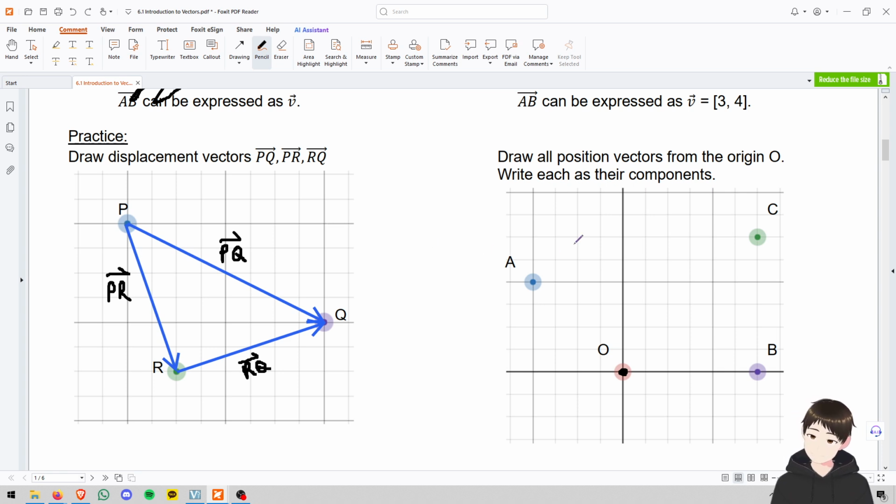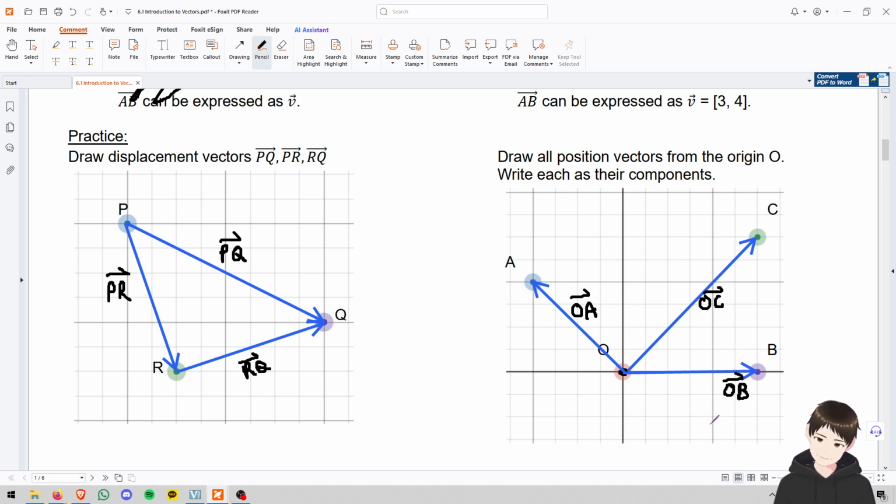It's up to you. Next, drawing all position vectors from the origin. Okay, simple enough. O to A, O to C, and O to B. I will label this. This would be OA, OC, and OB. Notice how the O comes first and the letter corresponding comes second.